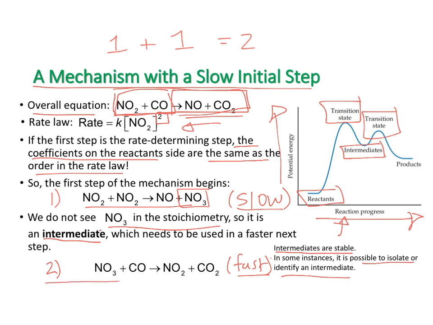Now overall, when we add these 2 reactions up, right, 1 and 2, what you will end up getting is this overall equation. So we should end up getting CO gives us NO. If you remember a little bit from Chem 1 about thermochemistry and specifically Hess's law, this is something you did.